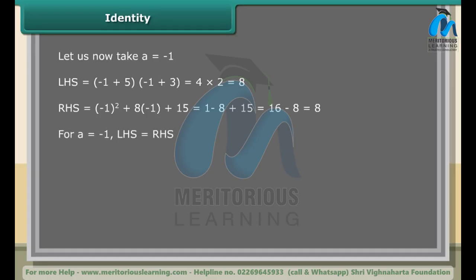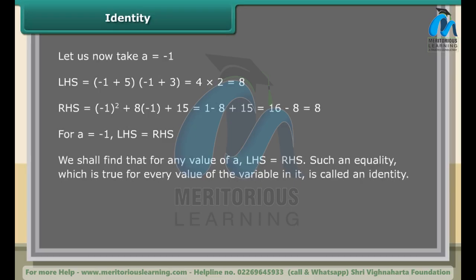For a is equal to minus 1, LHS is equal to RHS. We shall find that for any value of a, LHS is equal to RHS. Such an equality, which is true for every value of the variable in it, is called an identity. Thus, (a plus 5) into (a plus 3) is equal to a squared plus 8a plus 15 is an identity.